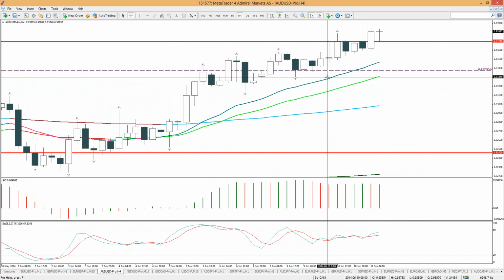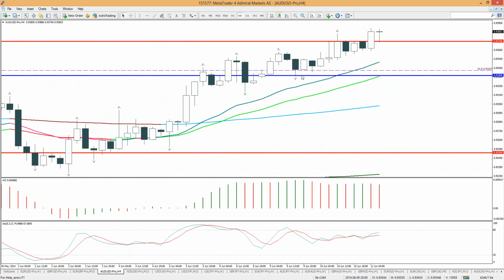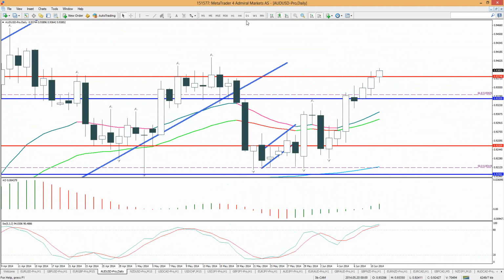You can always trail stop, for instance, these 4-hour bottoms. Let's see. 93.66.